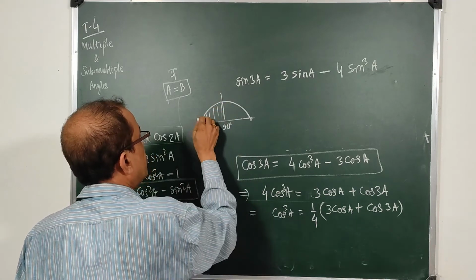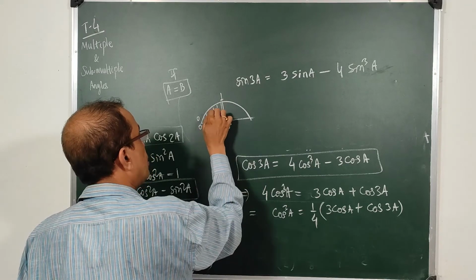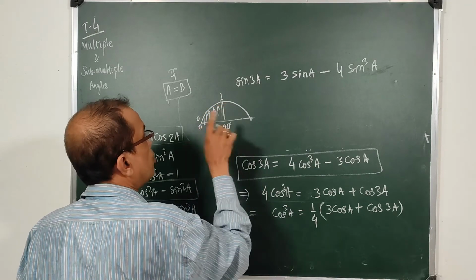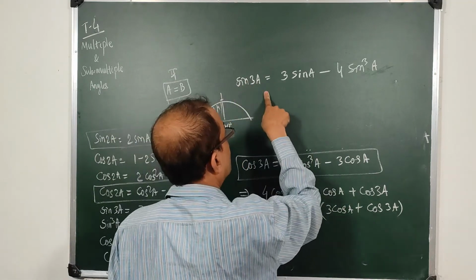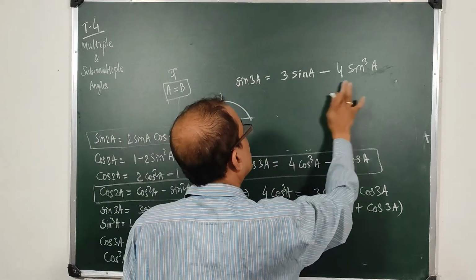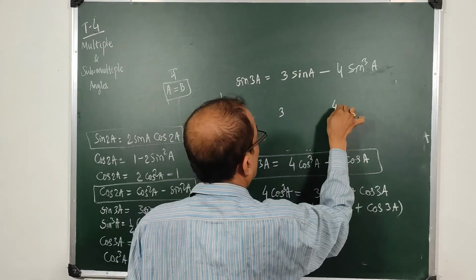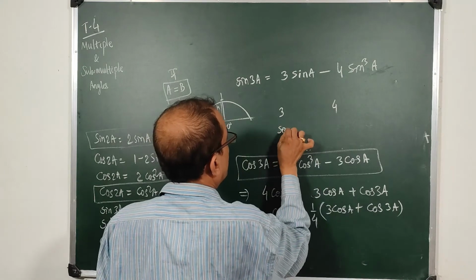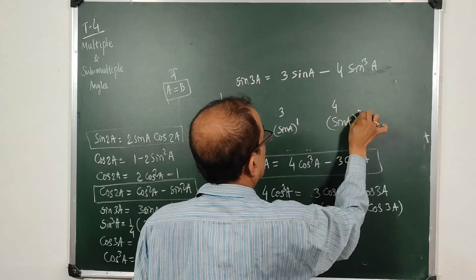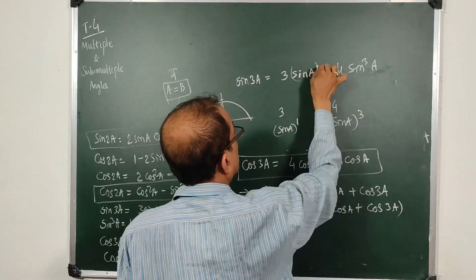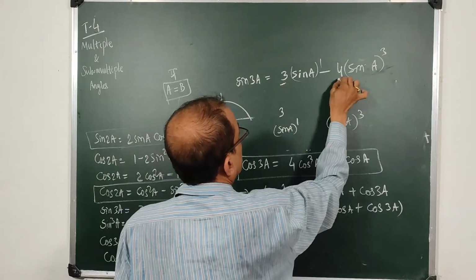So value of sine gradually increases from 0 to 90. So in a sine formula, we have the increasing or ascending values like 3 and 4, like sine a to the power 1 and sine a to the power 3. So in both ways the power is increasing and also the value is increasing.